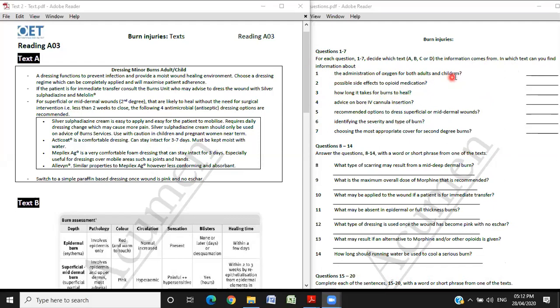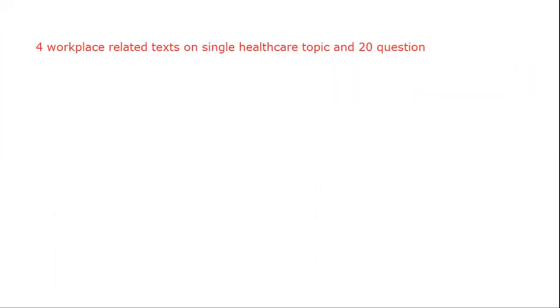Say, if this is in text D, you write text D as an answer here. So you don't have to answer these questions, you just have to match it with A, B, C, or D. So these are the matching questions. The first set of questions that you would have in reading part A will always be matching. It could be 6 or 7 questions that will always be matching questions.